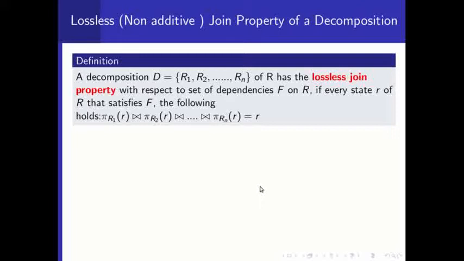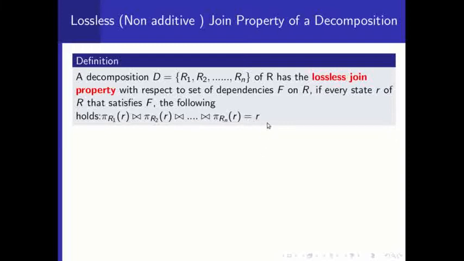Lossless join property of decomposition. A decomposition D = {R1, R2, ..., Rn} of R has the lossless join property with respect to the set of dependencies F on R if every state r of R that satisfies F satisfies the following condition: the natural join of the projections of r on R1, R2, up to Rn should result in r, not more than r or less than r.